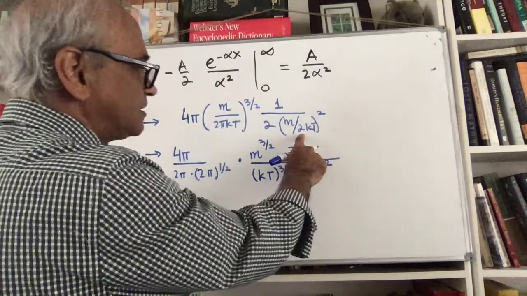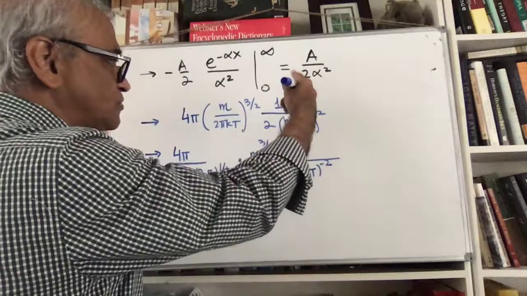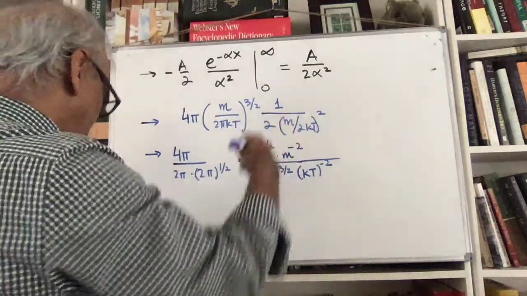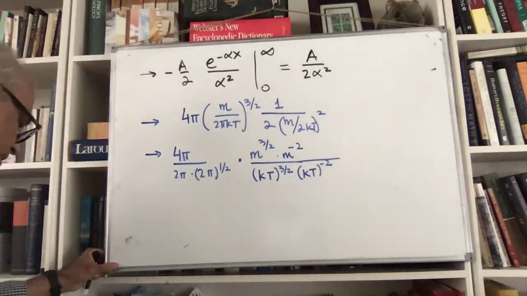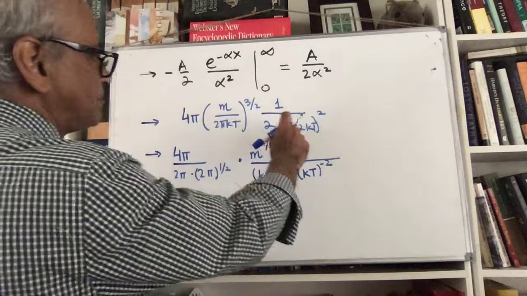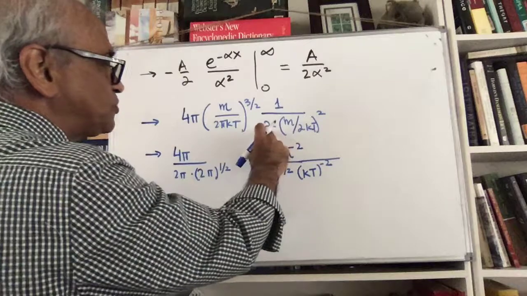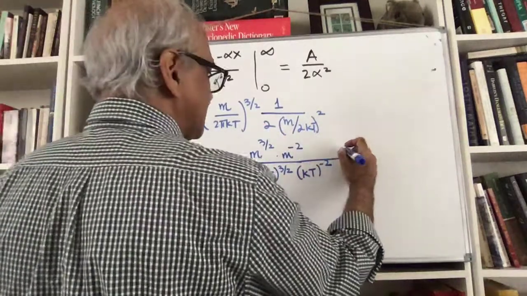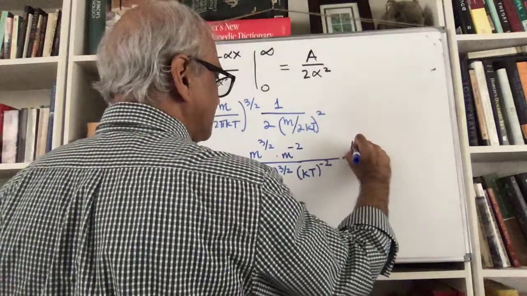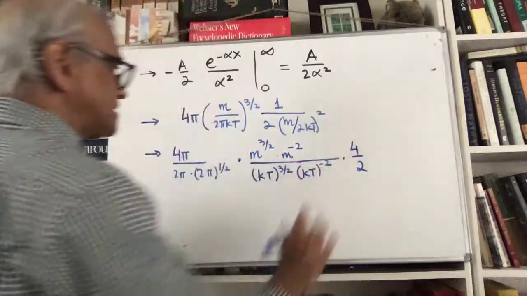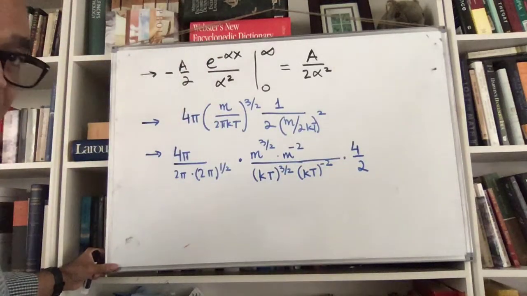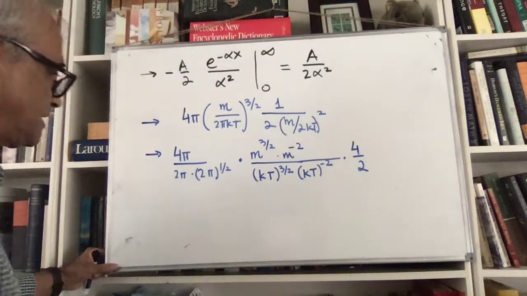And then I have here a 4 which goes up, then 4 divided by 2. So I'll just leave it at that, so that I have everything out here. As I said, I want to write out everything by breaking it up, and that helps me.